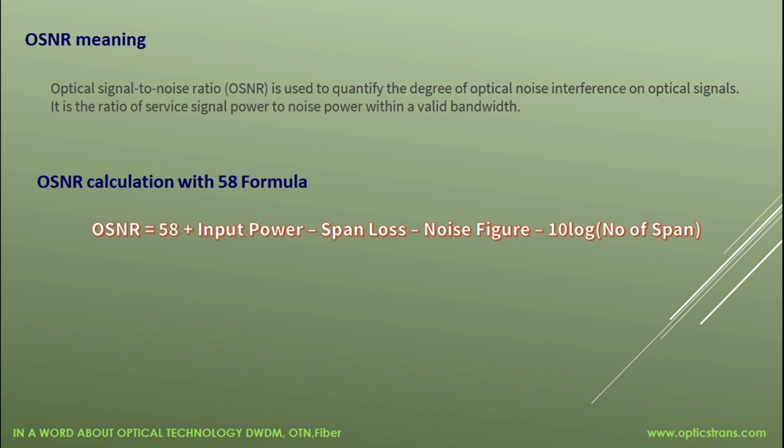And we can calculate the OSNR with one of the common 58 formulas that we have. The formula is OSNR = 58 + input power - span loss - noise figure - 10 log number of spans. The same we'll use in our script.